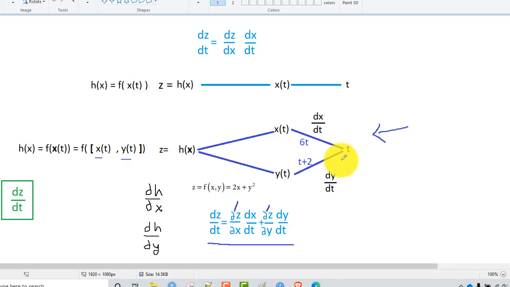You can see that there might be another way to do this, because if z depends on x and y, and x and y depend on t, then we could just replace x by 6t, and y by t plus 2, and then we get an expression in t, and if we want dz/dt, we can do it very simply. We don't even need the chain rule. So let's see how we do that in the text.